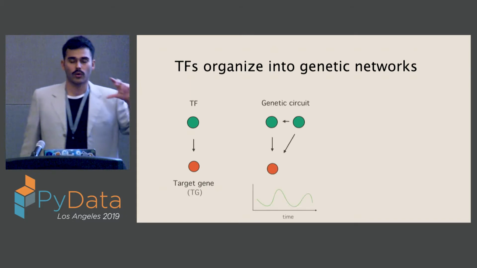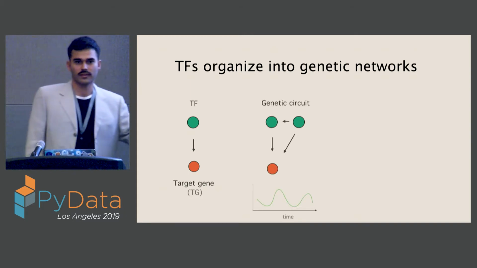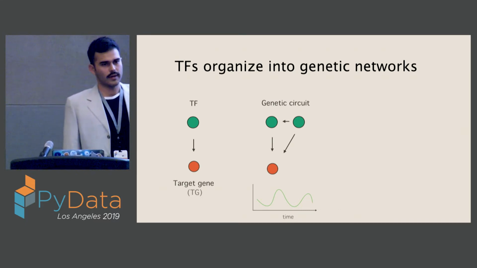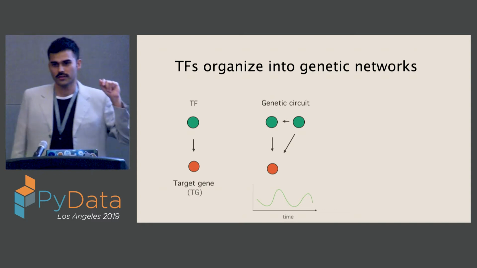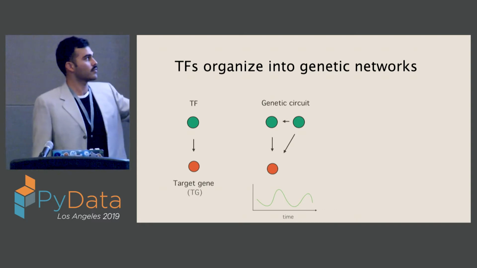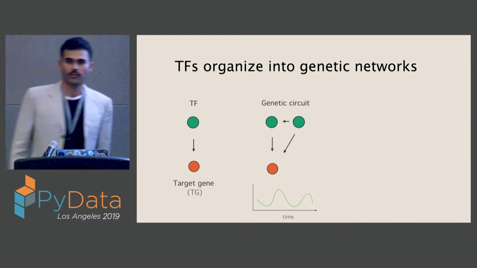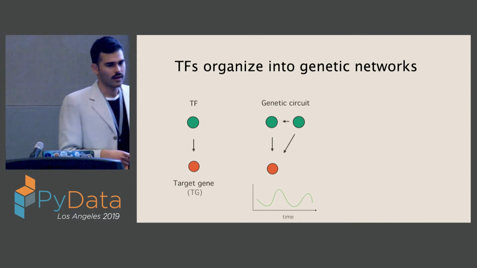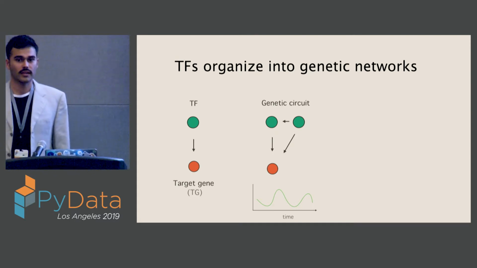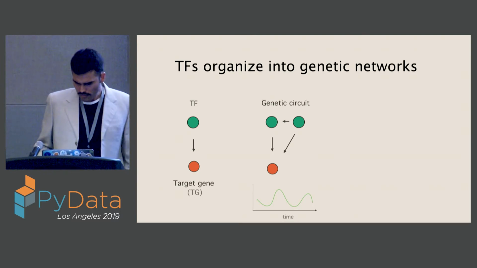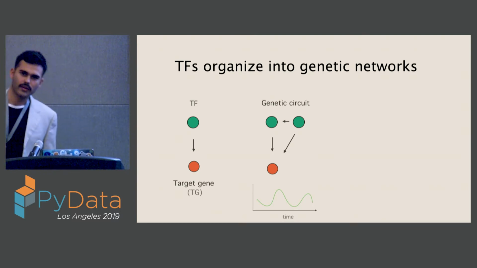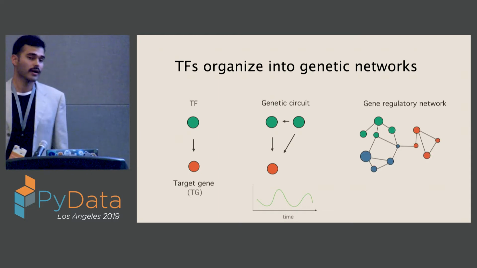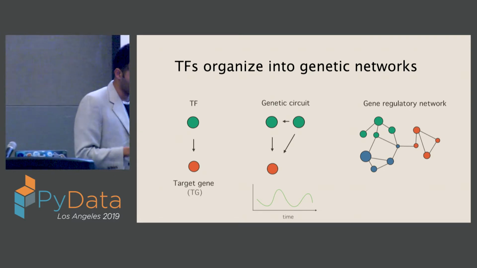For example, what we like to call genetic circuits are these simple relations made by a few transcription factors and a few target genes, and they can, for example, elicit an oscillator in the cell. The circadian rhythm in us humans that drives when we are sleepy is basically controlled by a genetic circuit. And if we go to an even higher level of complexity, genetic circuits form gene regulatory networks. And that's what we're going to talk about today.